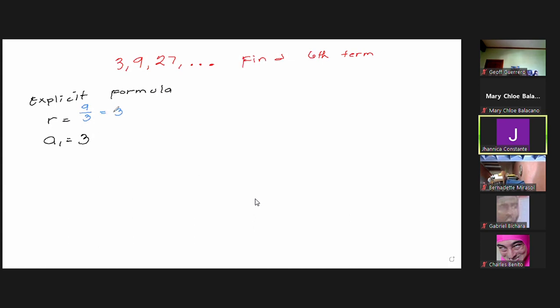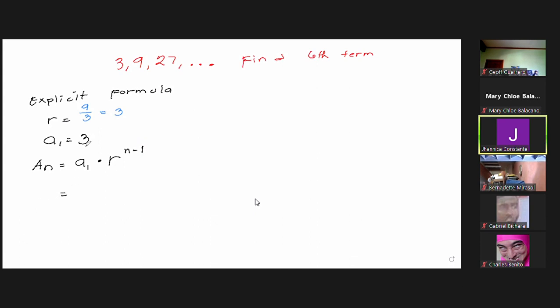So we can now write the explicit formula of our sequence that we're going to use to solve the 6th term, which is a_n equals the first term multiplied by the common ratio raised to n minus 1.